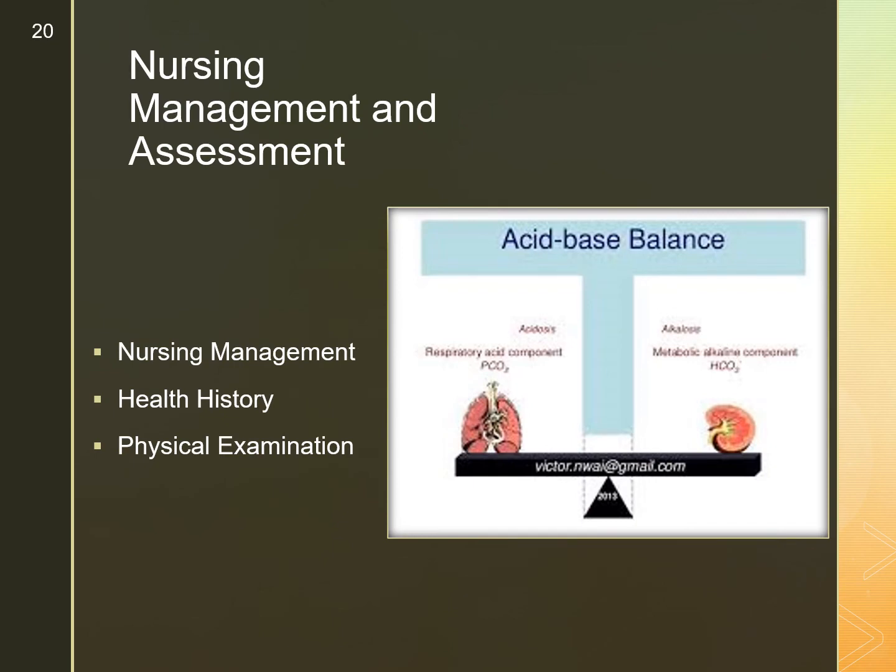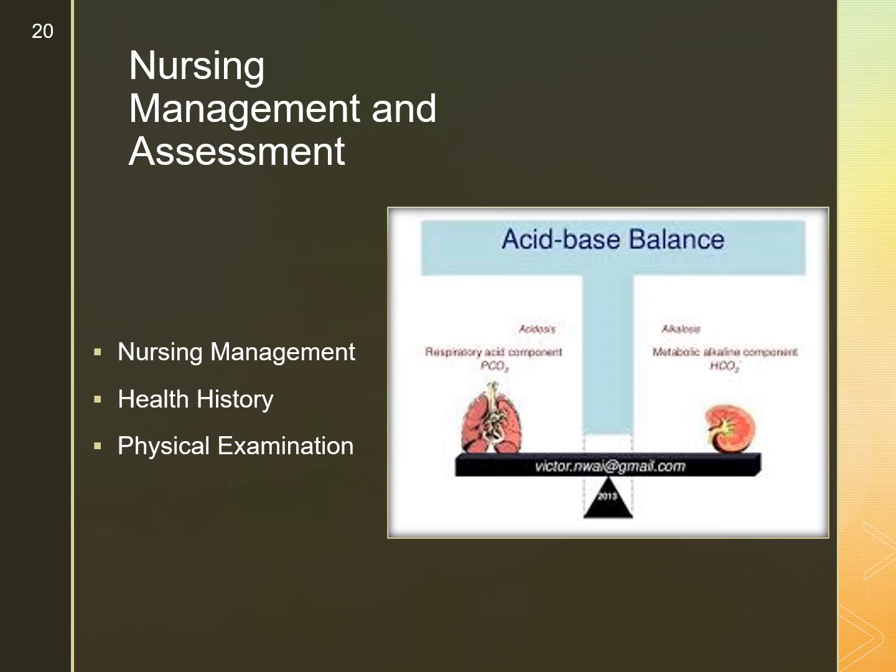So managing acid-base imbalances. We need to make sure that we are very conscientiously monitoring our labs, our I's and O's, that we implement all those orders that our healthcare provider has provided, and administer CPR if necessary.